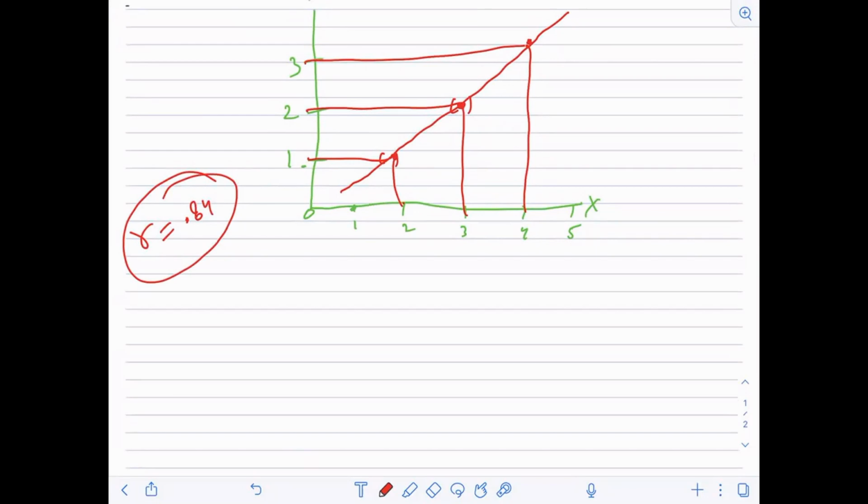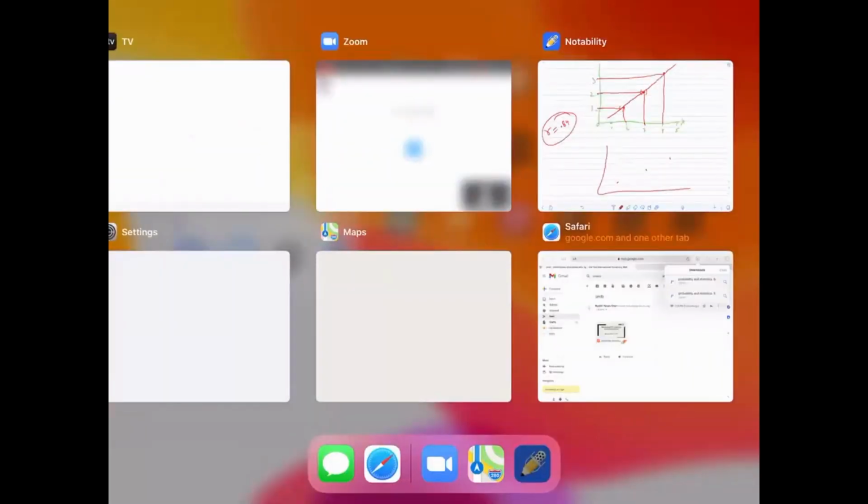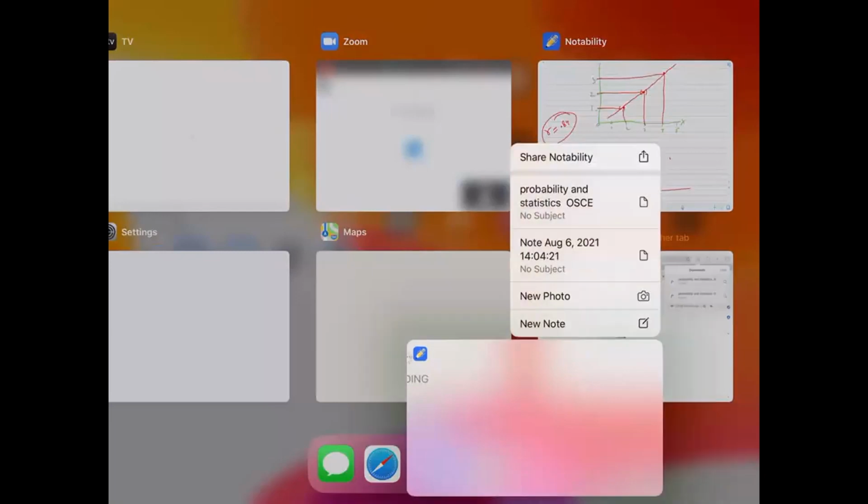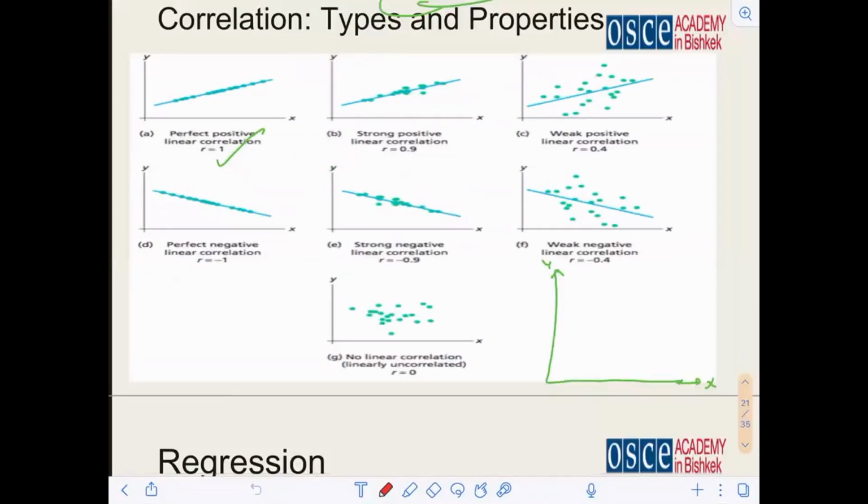From the chart, if you just draw simple dots, you can understand the relationship is very much positive, right?